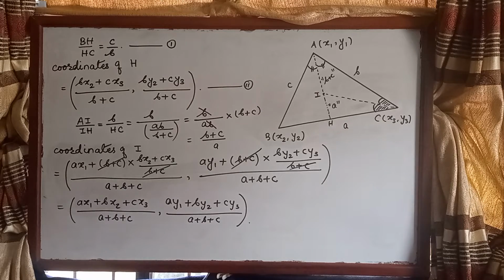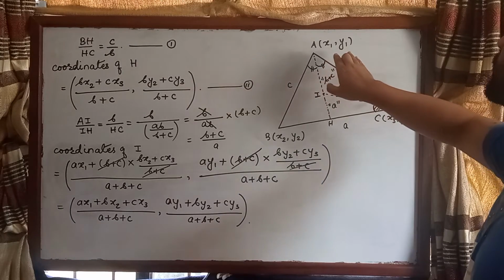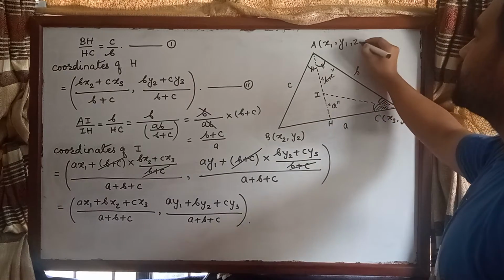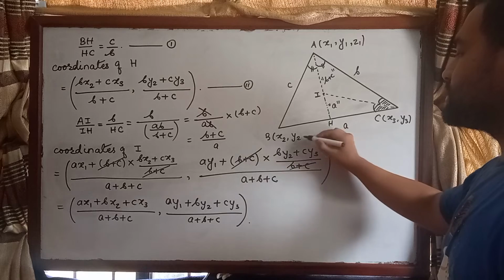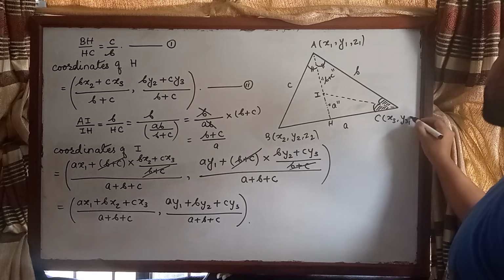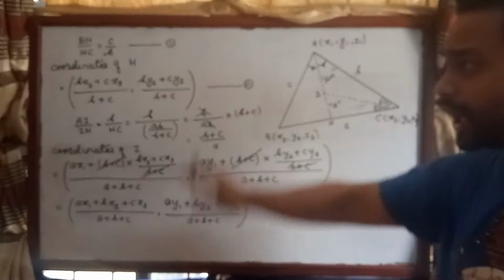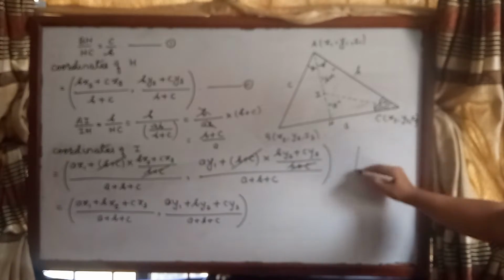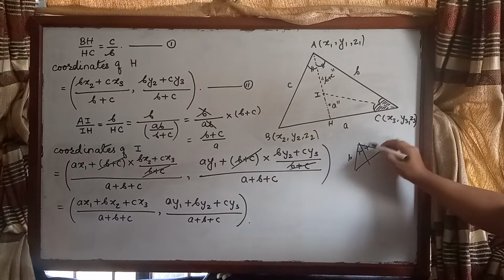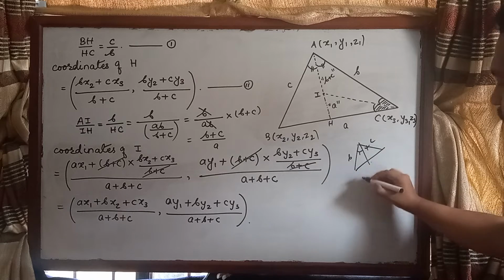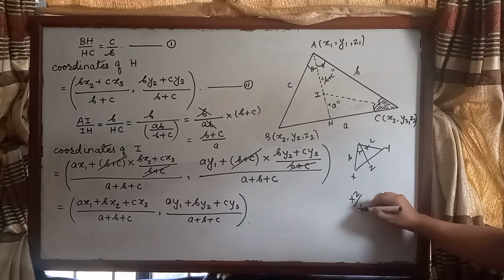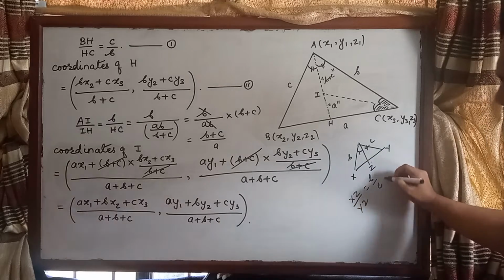And one more thing, if you are given the coordinates in 3 dimensions like this, you can still use the same concept. Okay, this concept, angular bisector BC, then xc by yz is equal to b by c.